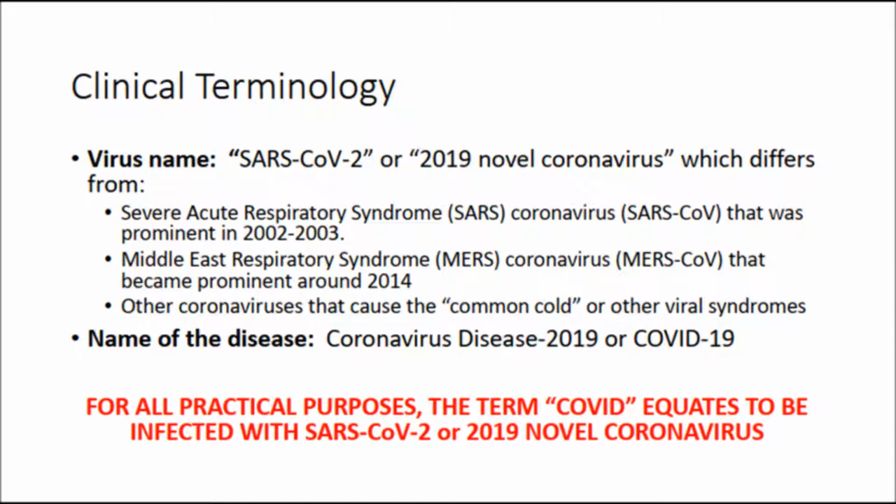Other coronaviruses cause the common cold or other viral syndrome. Name of the disease: coronavirus disease 2019 or COVID-19. For all practical purposes, the term COVID equates to being infected with SARS-CoV-2 or 2019 novel coronavirus.